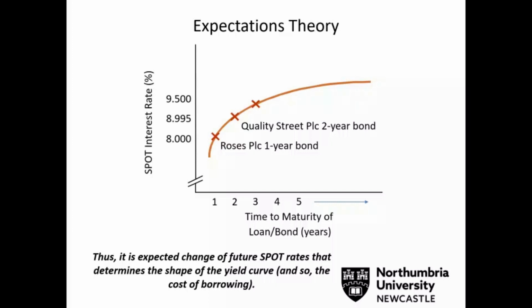So just to recap there, expectation theory is the assumption that future interest rates follow short-term interest rate paths and that bonds are substitutable, and if all holds true, it doesn't matter if you buy a 1-year bond and roll it over every year at the new expected rate, or if you just buy 1 bond with the length of the maturity that you're trying to calculate in the first place.